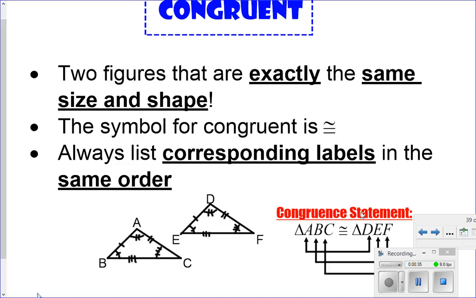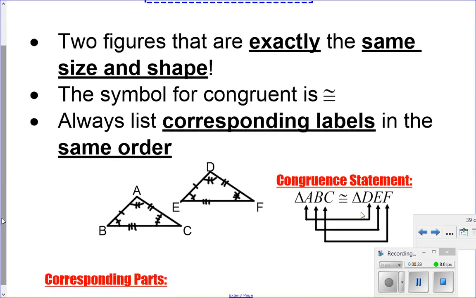And you always want to list the corresponding labels in the same order. And this, again, is a little bit of review from the video. So if I have a congruent statement, now technically I don't even need the picture. I just need the congruent statement. If I have that, then as long as I look at the order that the letters are listed in, I can figure out all of the corresponding parts.